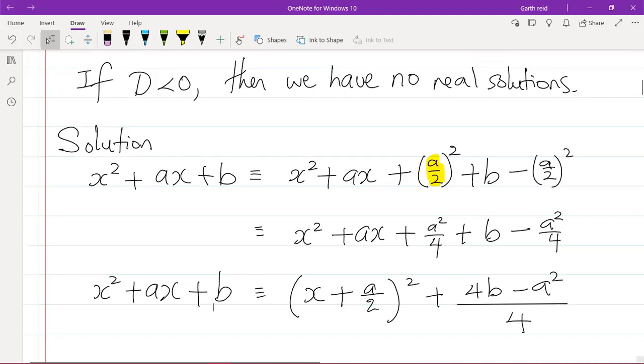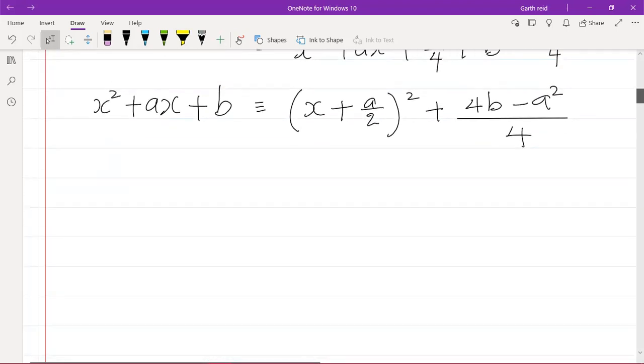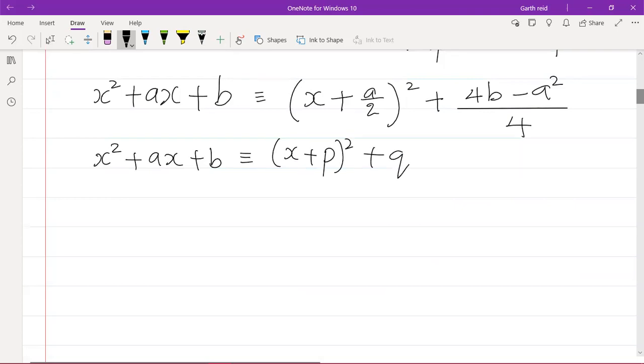Great. So now that we have the vertex form, we need to find the value of p and the value of q. Now remember that they said that they want us to write x squared plus ax plus b in this form, right? x plus p all squared plus q.